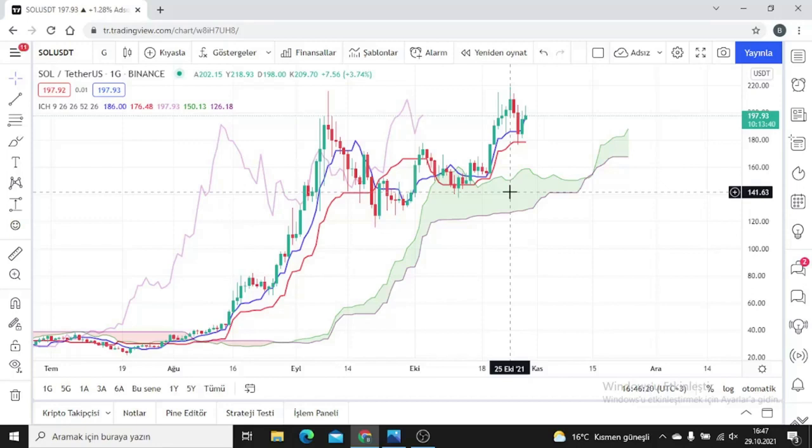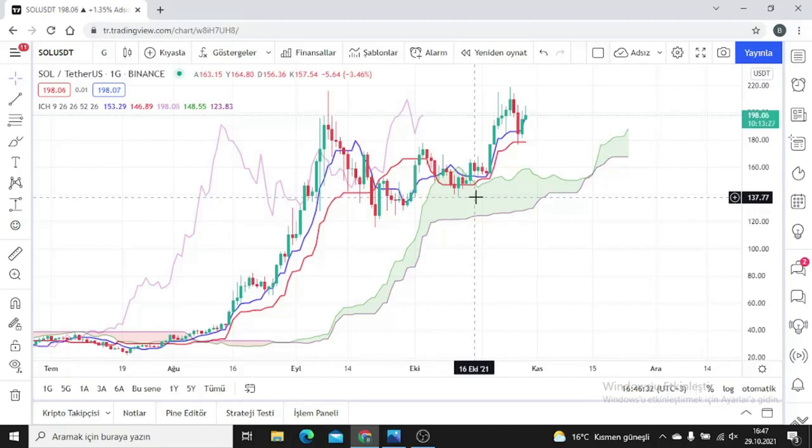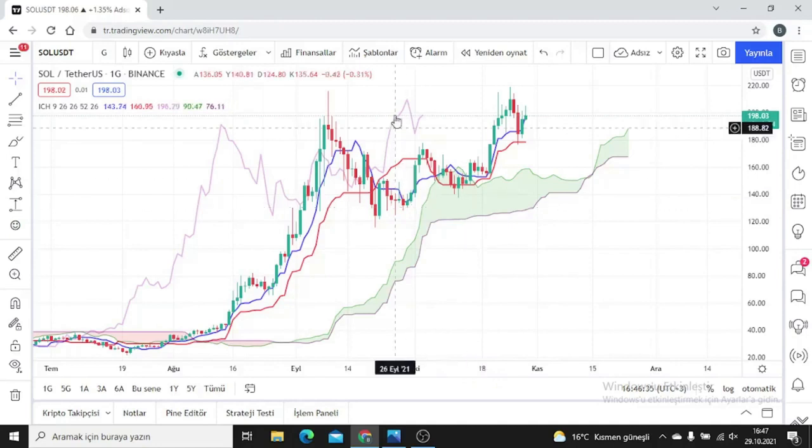Then, friends, when the cloud goes above the price, it works as a resistance, as I said. The cloud works as a support when the price falls below, friends, let's know these. And here we can predict that the wider the cloud, the stronger the support here. So it becomes a harder support to break. If it is above, there is a resistance that is harder to break, friends, let's know these.